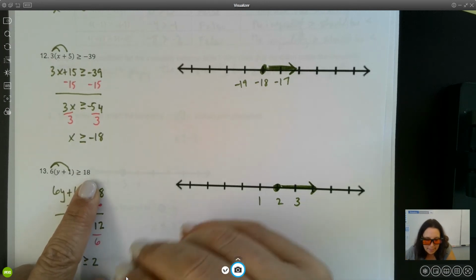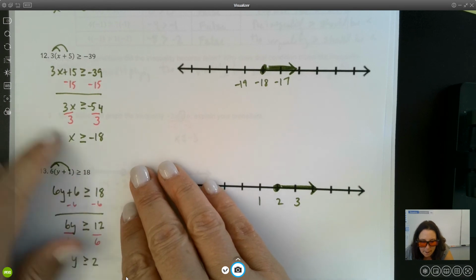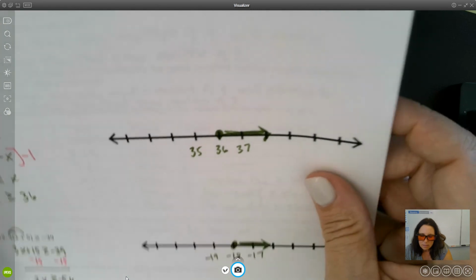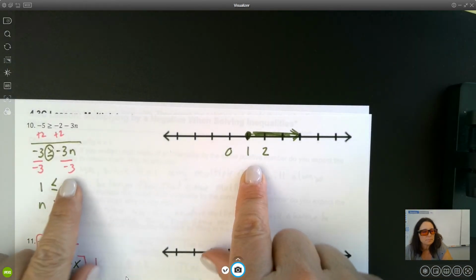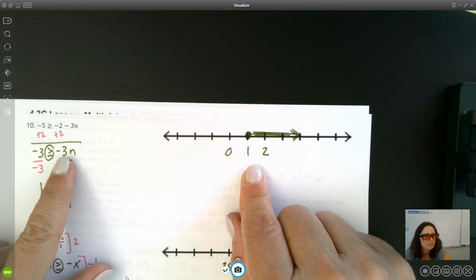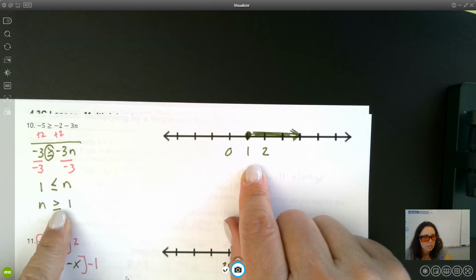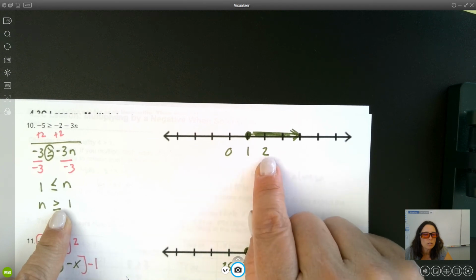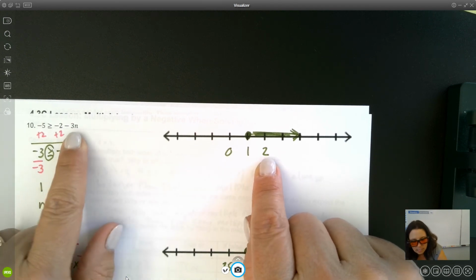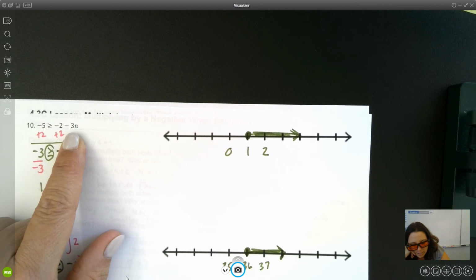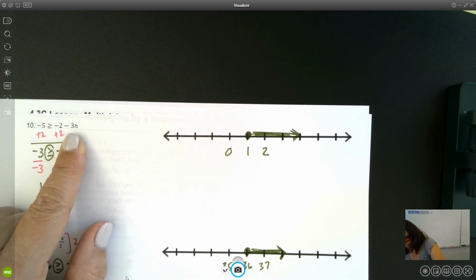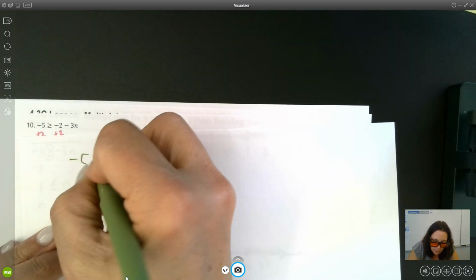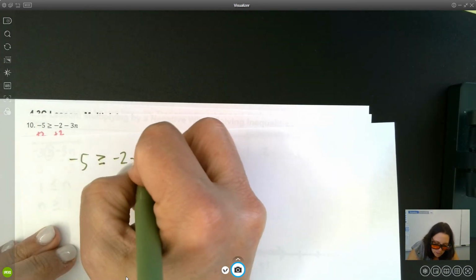Okay, let's check one of them that had the, let's check this guy. Okay, this not only had the flip, it had another flip. Okay, this is saying 2 should work. Let's make sure it does. If we put a 2 in here, this would be negative 5. Let me write that down because that one's more involved. Negative 5 is greater than or equal to negative 2 minus 3.